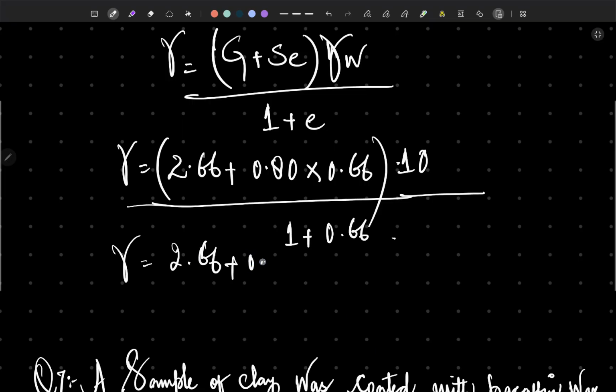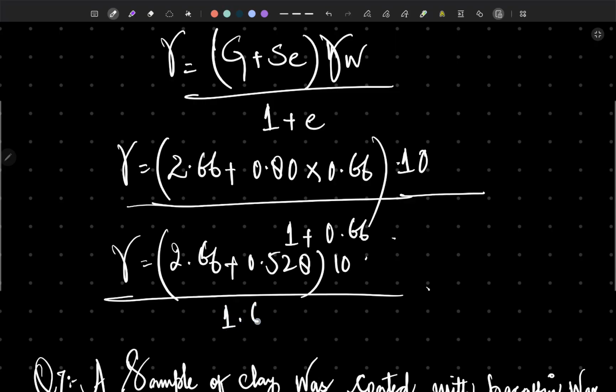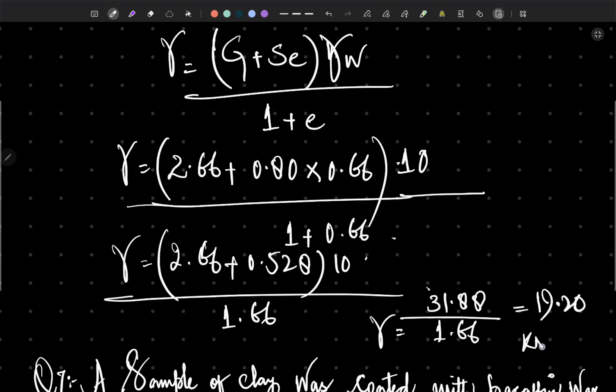By calculations, the bulk unit weight at 80% saturation but at the same void ratio is 19.20 kilonewton per cubic meter.